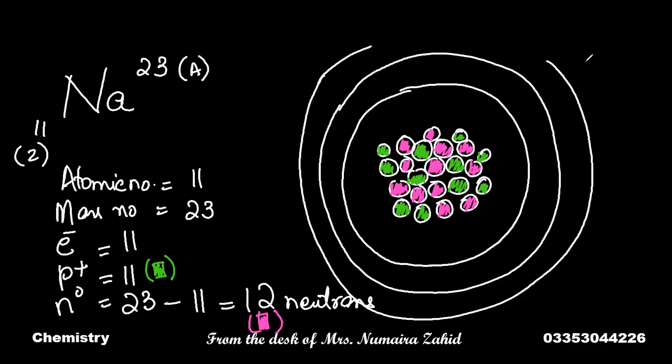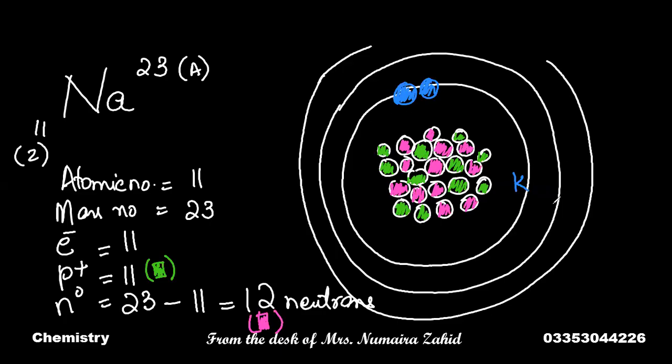Now, there should be 11 electrons in sodium. In the first shell, we have only 2 because this is the K shell, which can accommodate a maximum of 2 electrons. We are left with some electrons.